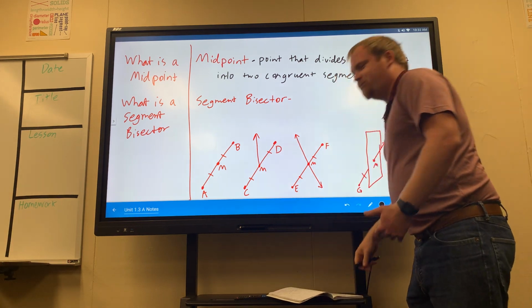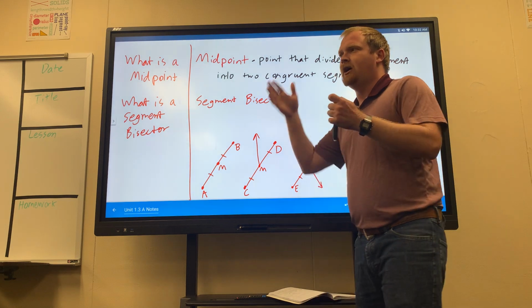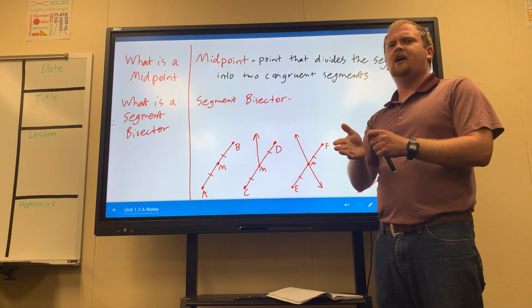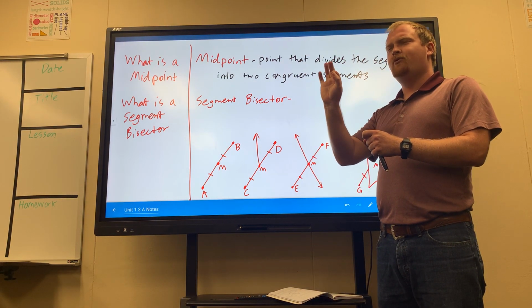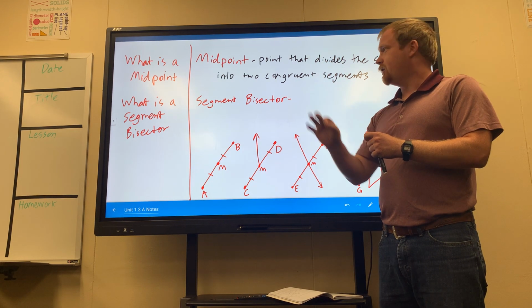So basically, it's being able to cut a segment in half. That's initially what a midpoint is. If you cut a segment in half, whatever that halfway point is, that's a midpoint. It's basically the halfway point.